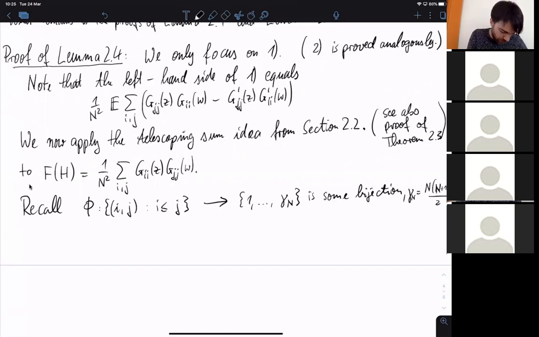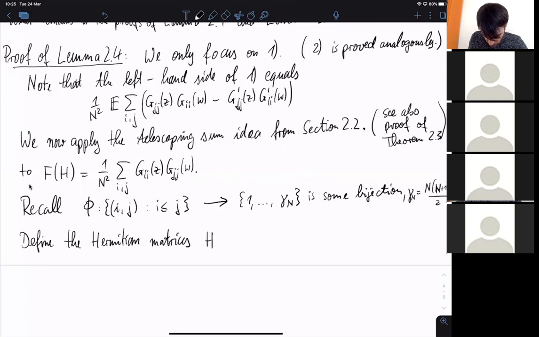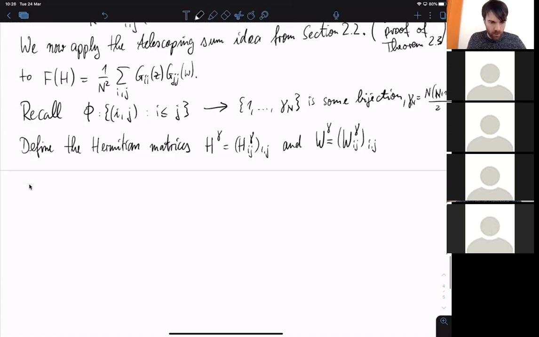Then we define two families of random Hermitian matrices: the matrices H gamma, which we had already defined last time but it is good to recall them, and a new family W gamma, also n by n.